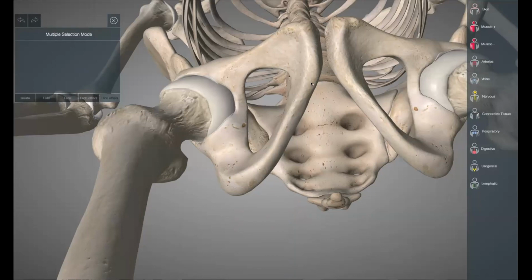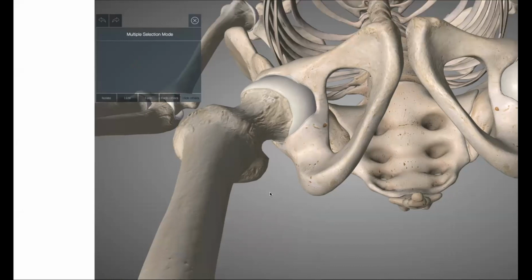These are rami of the pubis and ischium. So ischiopubic rami, ischial tuberosity, tip of coccyx, ischial tuberosity. This is the circle of the pelvic outlet. Okay?